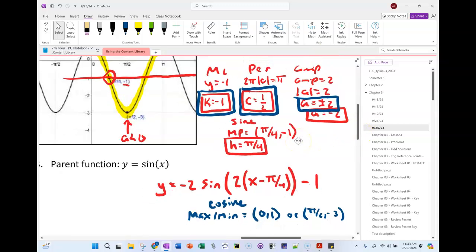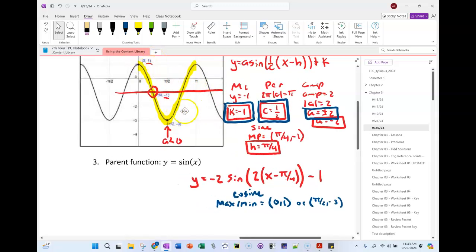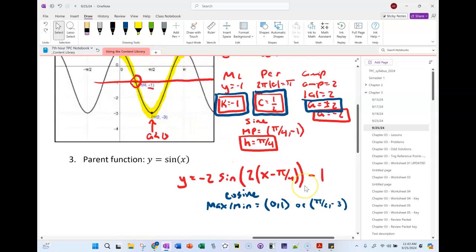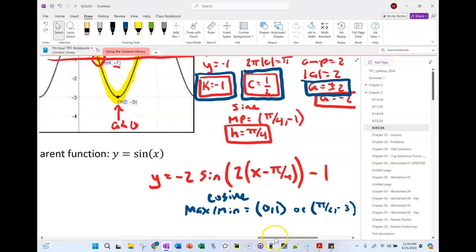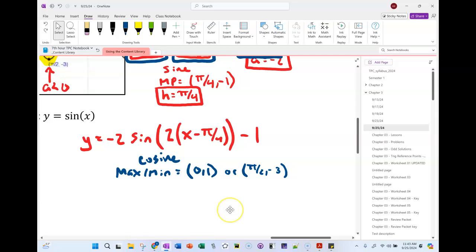If I had used 0, 1, what is the h? 0. If I'd used pi over 2, what is the h? Pi over 2. If I'd used 0, 1, the sign for a should be positive because it's a maximum. If I used pi over 2, the sign for a should be negative because it's a minimum.